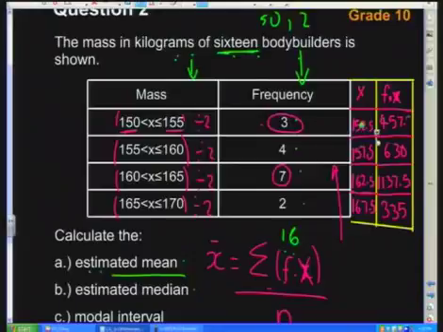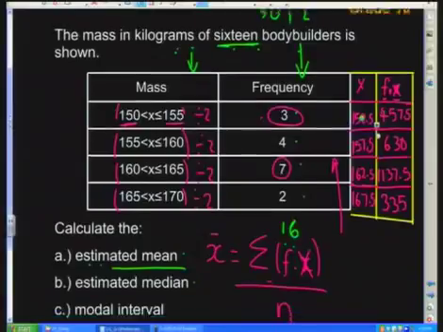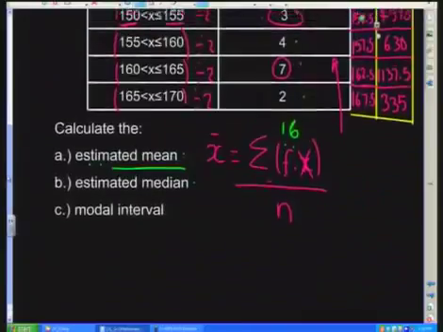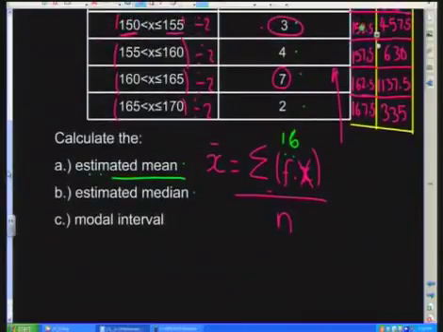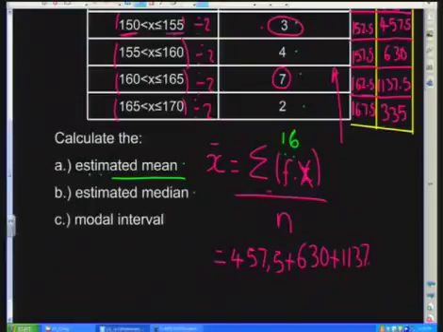Alright, once you've got this column, your frequency times your midpoint, you now need to add all of these values together and divide it by n to work out your mean. Okay, so it's going to be 457,5 plus 630 plus 1137,5 plus 335 divided by the total, which was 16.